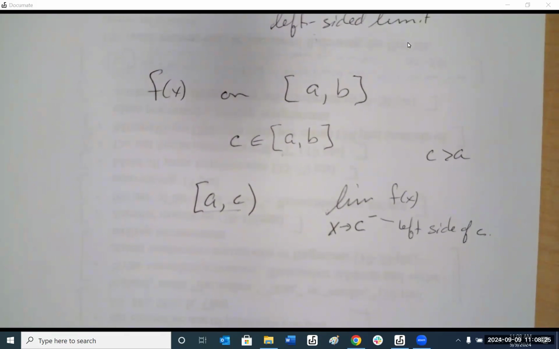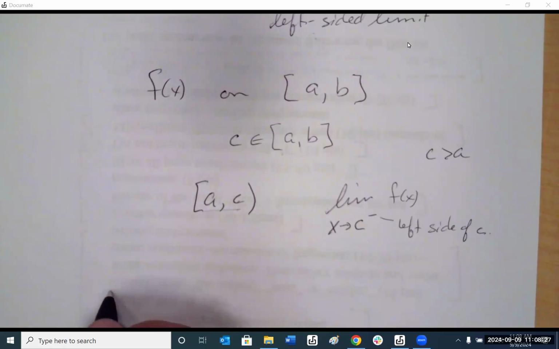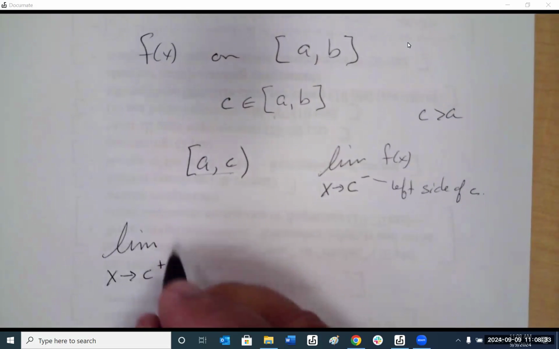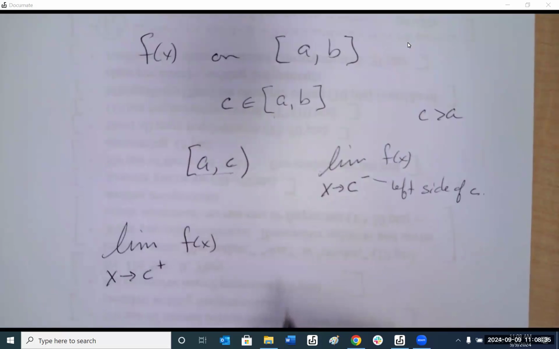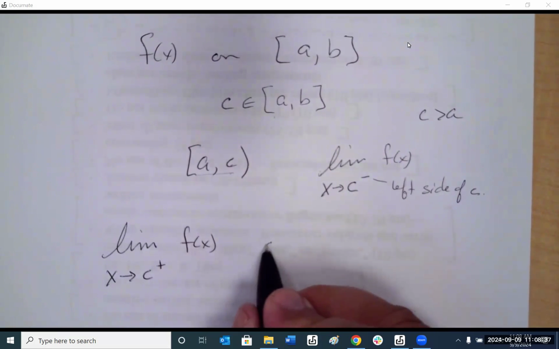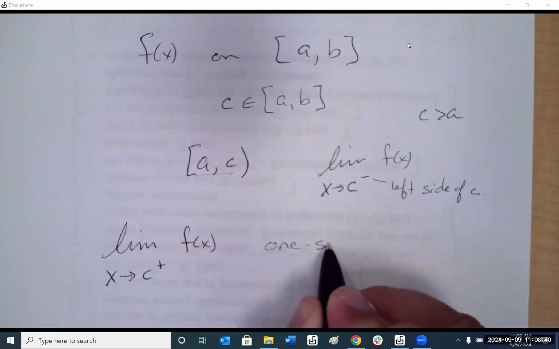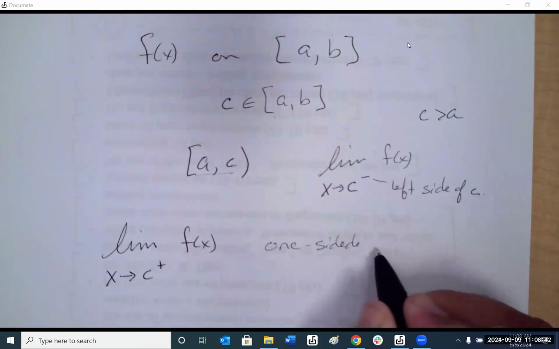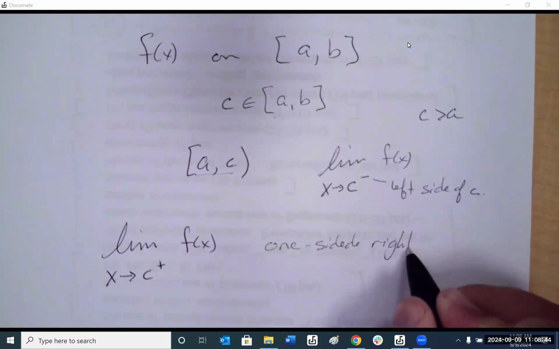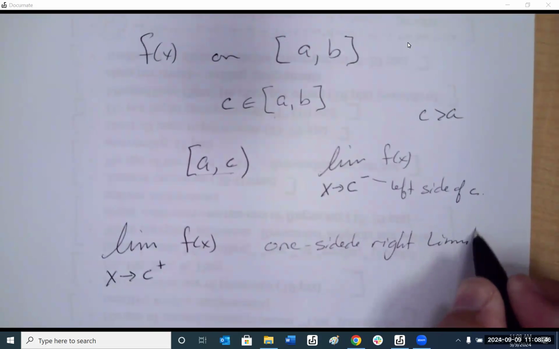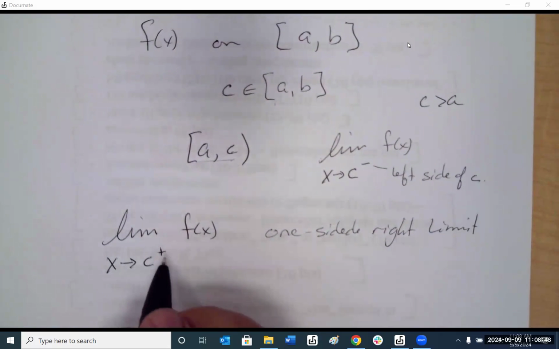As you can guess, the other side, the one-sided right limit, looks like this.